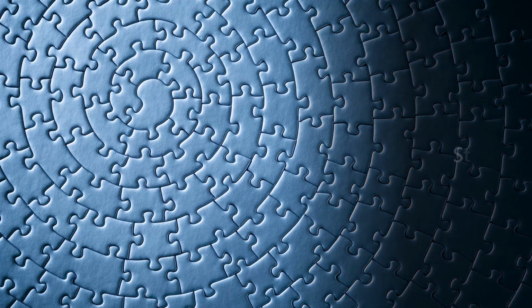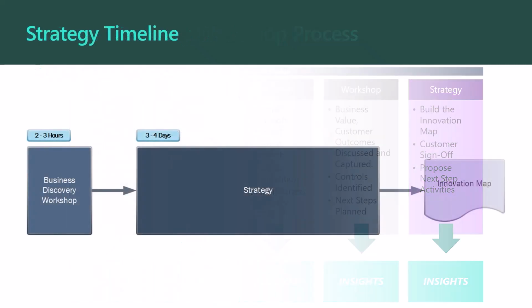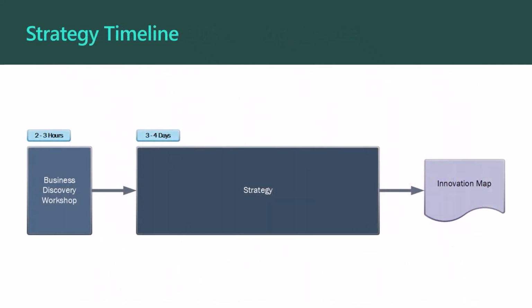All right, so we're done with the business discovery workshop. Let's talk about the strategy going forward, and that's really building the innovation map. And when we think about that, here is the timeline, right?